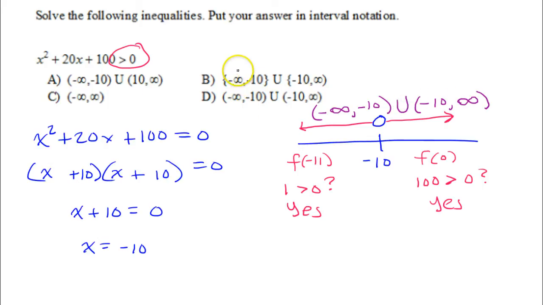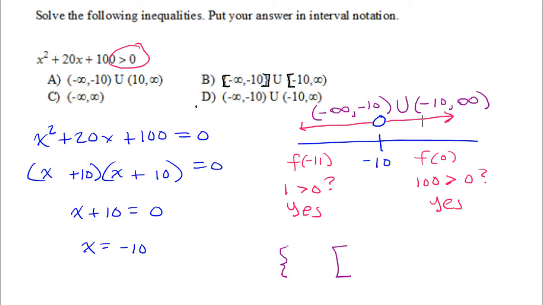Now, this software, this author, is using these braces in place of square brackets. So let's go ahead and interpret these braces as square brackets, in case you ever run into that again.